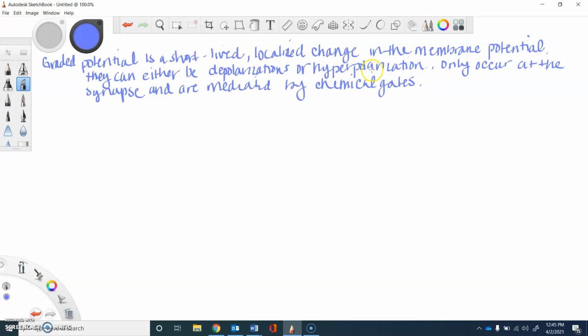So that means that it's going to require a neurotransmitter to bind to chemical gated channels in order to cause the change in the membrane potential there.